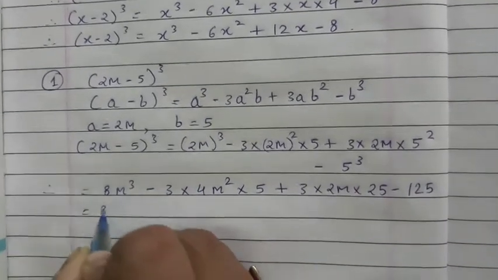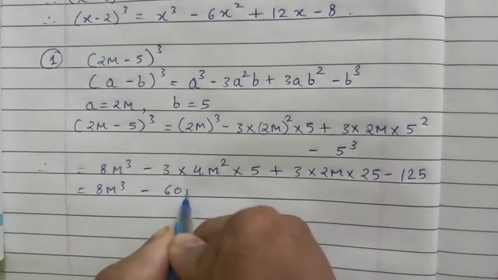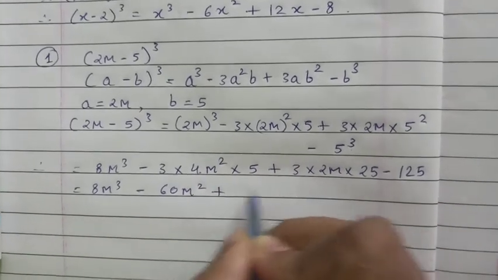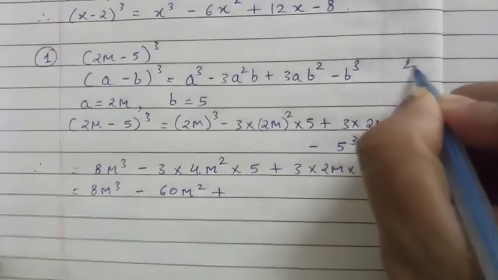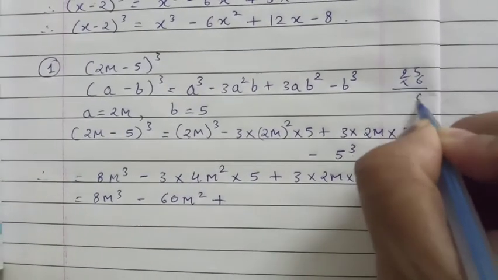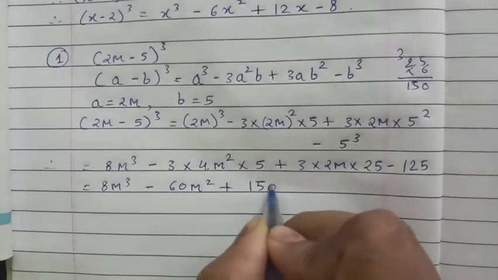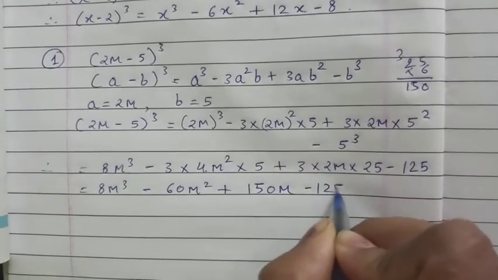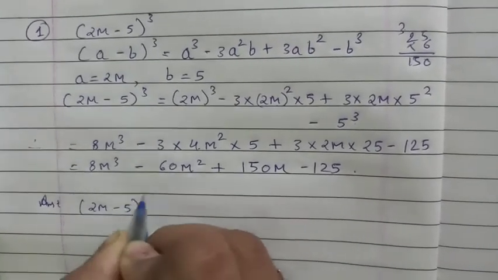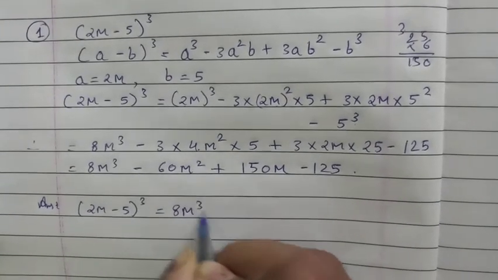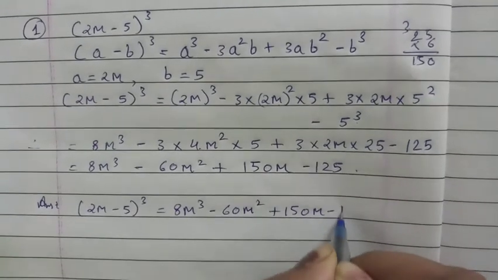So we will have 8m cube minus 3 4s are 12, 12 5s are 60 m square, plus 3 2s are 6, 6 multiplied by 25. So 25 into 6: 6 5s are 30, carry 3, 12, 12 plus 3 is 15. So it will be 150m minus 125. So our answer is (2m − 5) whole cube equals 8m cube minus 60m square plus 150m minus 125.